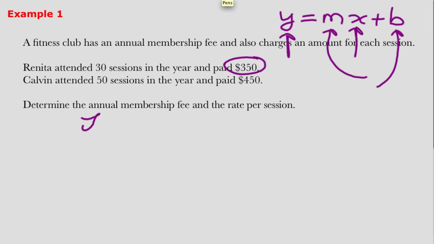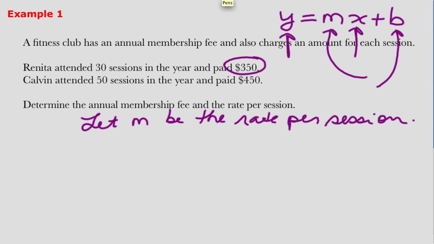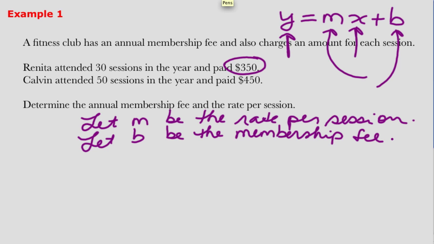I might let m be the rate per session, and that's just like our slope, and I'm going to let b be the membership fee. So when I sub these numbers into an equation, 350 is the total, and that's going to equal the m. The rate is what I don't know.